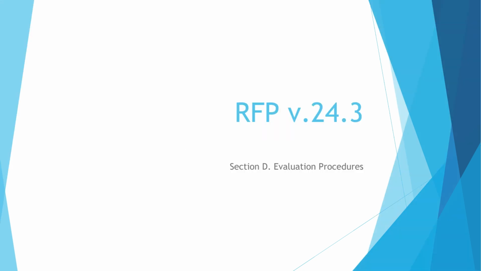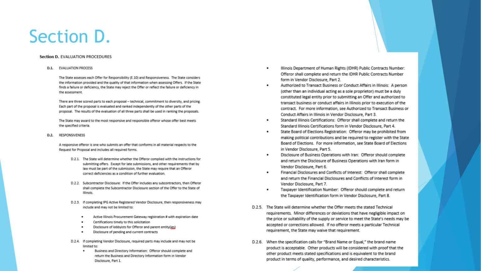So now that vendors know how to submit, we are going to walk them through how we will evaluate so that they know what to submit to us. This will be covered in Section D, the evaluation procedures. Section D will cover the full evaluation process, as well as what is covered under responsiveness.